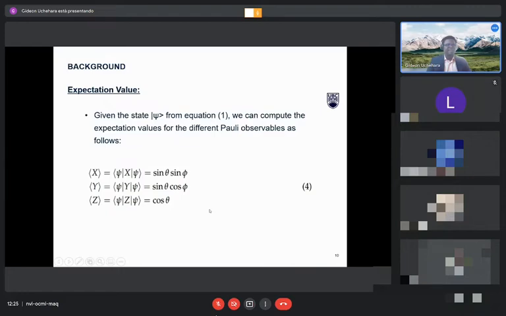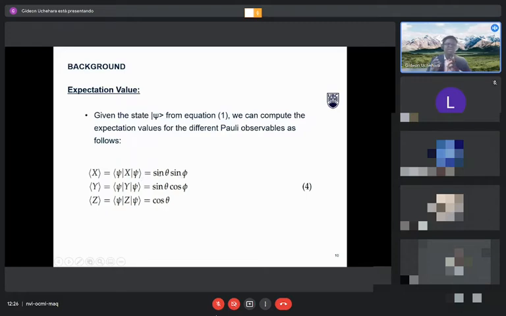Now, if we are given some state psi, which I've taken from equation 1 that I introduced earlier, the general method to represent a qubit state, we can compute the expectation value for the different Pauli observables as follows. We know this is the way to represent an expectation value, with the bra and the ket around the observable you want to compute.